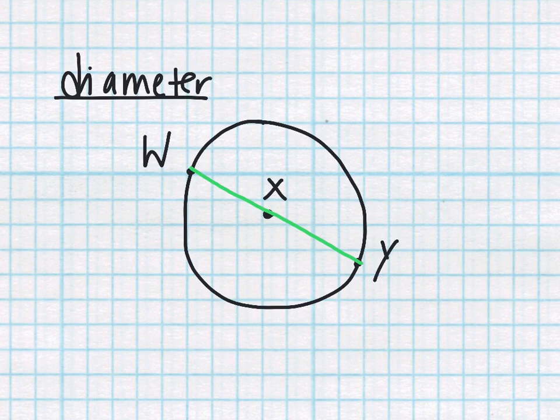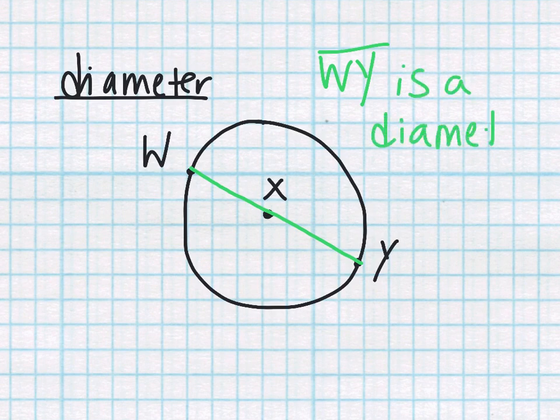So just looking at this, I can say that segment WY is a diameter. If I'm looking at the other pieces in this, if I look at segment WX, WX is not a diameter, it is a radius.